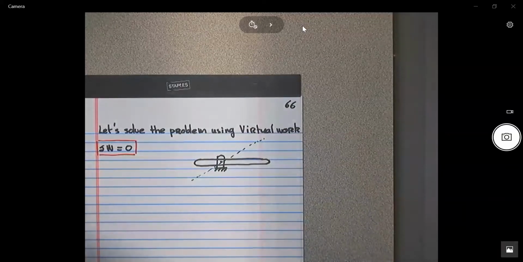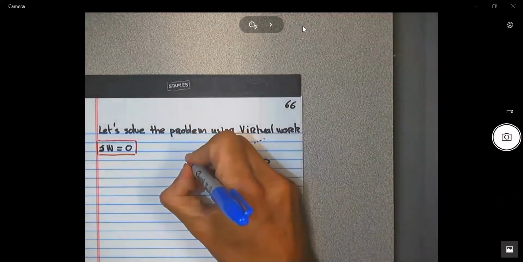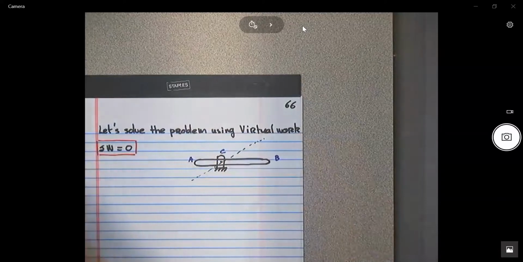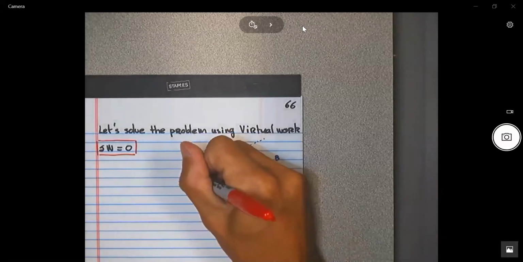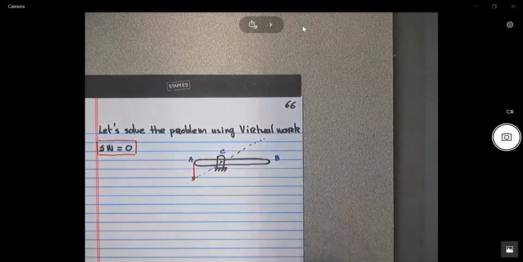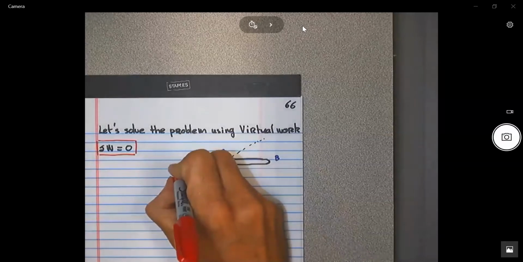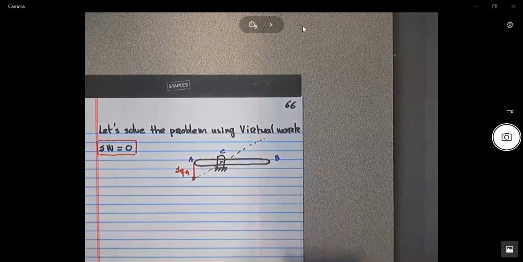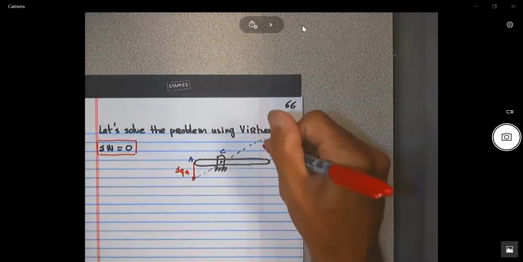We know this is point A, this is point B, this is point C. So we assume a deformation here. Be careful with the notation, it's just notation. We're going to assume our deformation here is delta Q sub A. You could call it Y sub A, but let's call it Q sub A because that's generally the way it's called in the textbooks. And this one over here will be what?